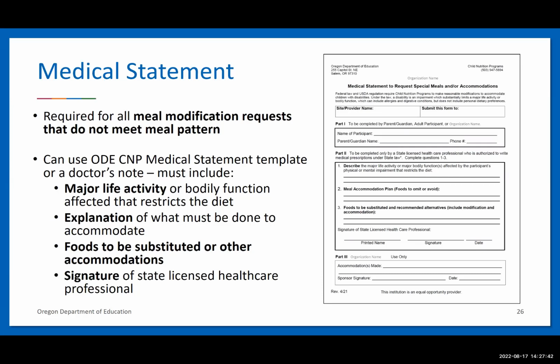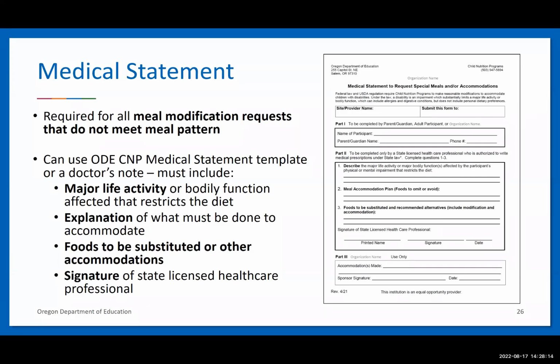However, you will want to make sure that any doctor's notes or templates that are used include all required information. In addition to participant name, it must also include the major life activity or bodily function affected that restricts the diet, an explanation of the accommodations that must be made, the foods to be substituted or other accommodations that are required, and the signature of a state licensed healthcare professional.